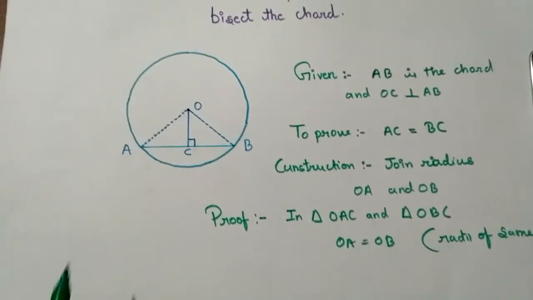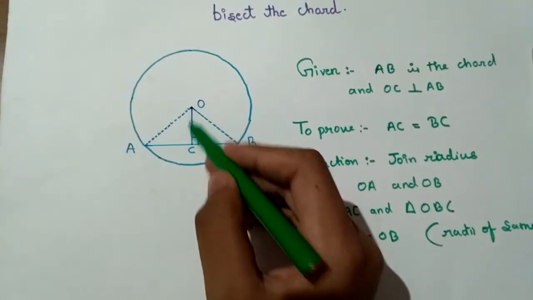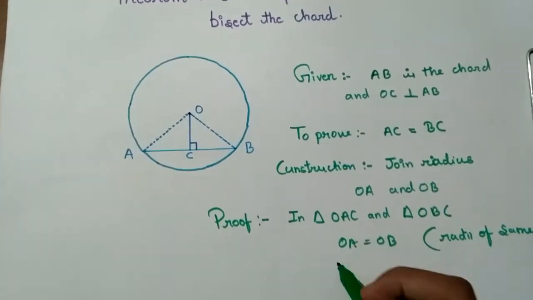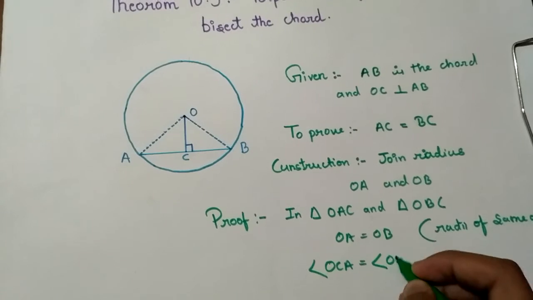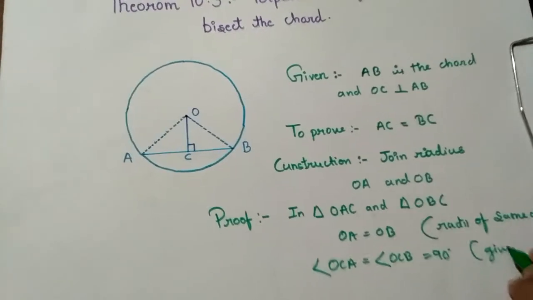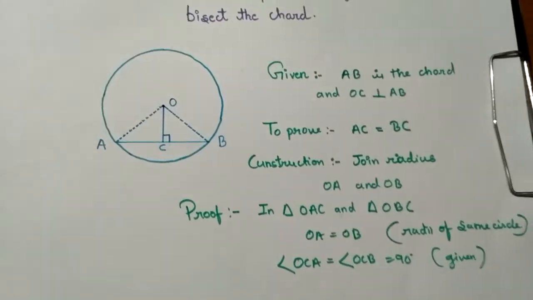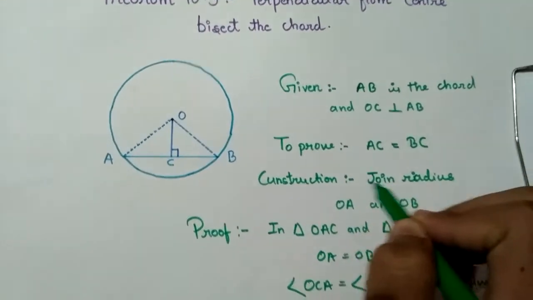And the next is angle OCA equal to angle OCB, equal to 90 degrees. That is given. I have written here given because in the given I have written that OC is perpendicular to AB.